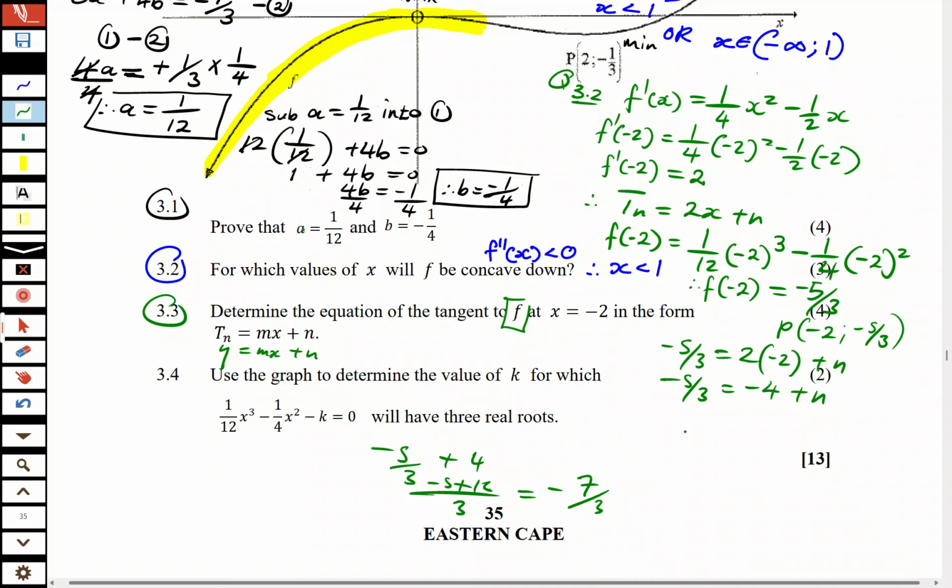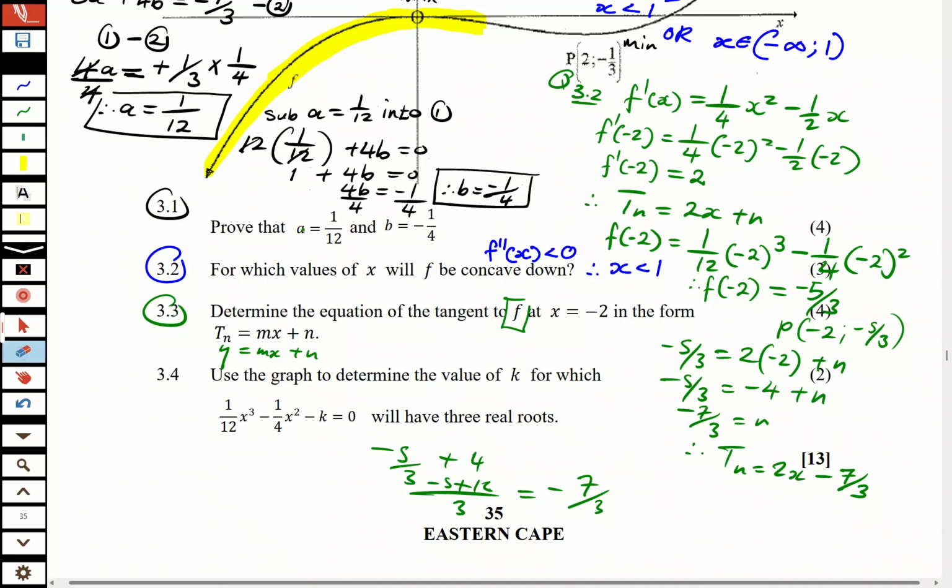So you have 7 all over 3, which is equal to n. So therefore, Tn is simply the gradient 2, and then x, and your n is 7 all over 3.